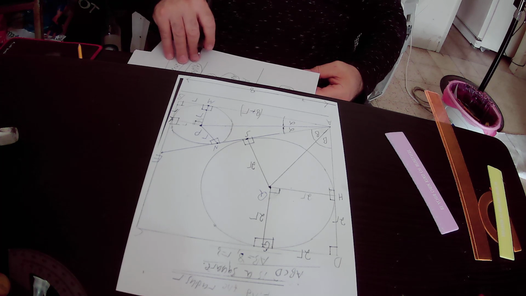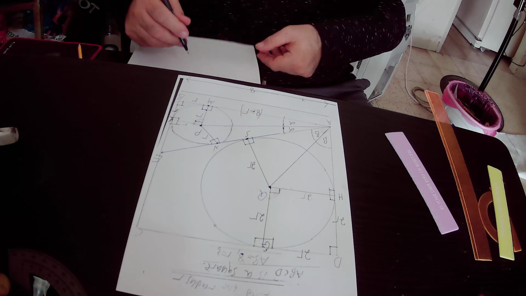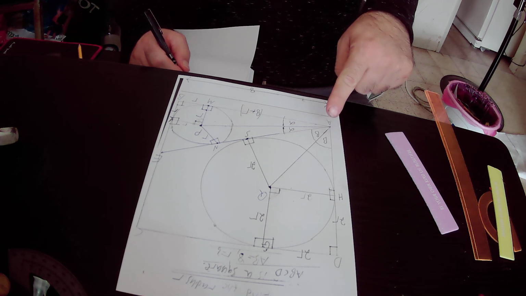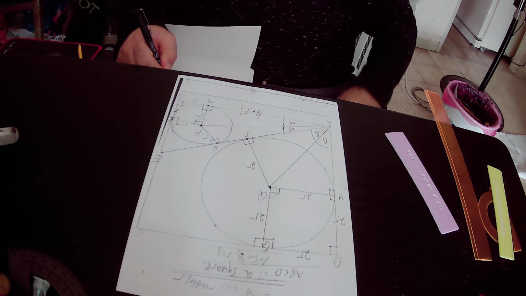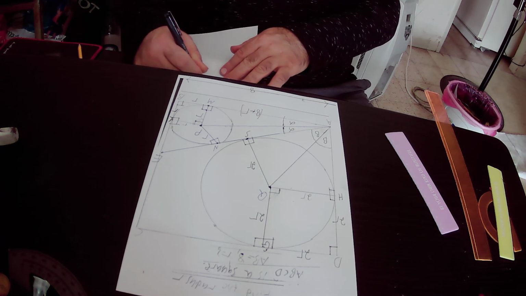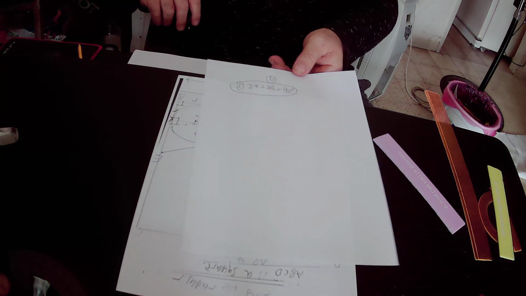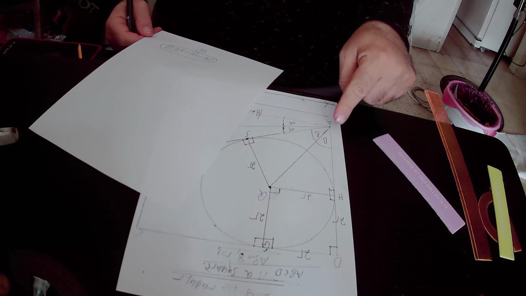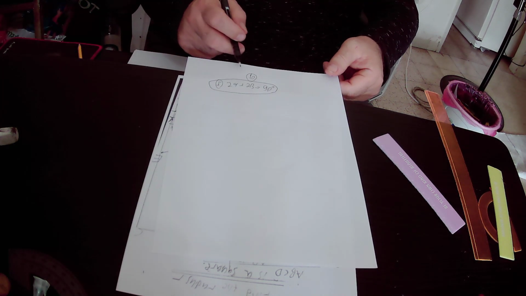So actually we will have equation number 1, which states that the sum of those 4 angles, 2 alpha plus 2 beta, equals 90 degrees.